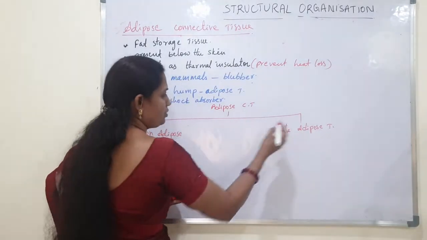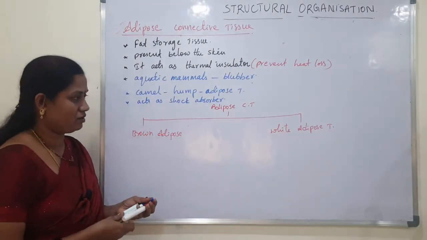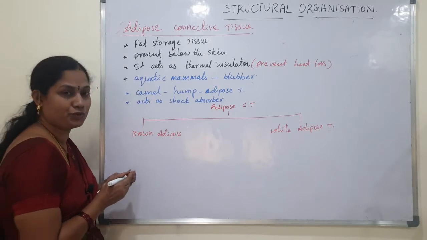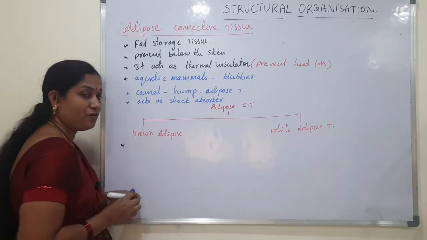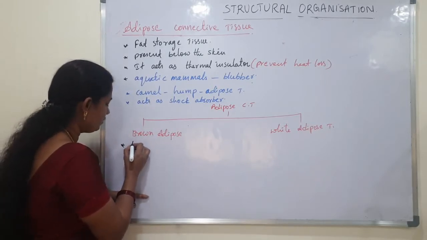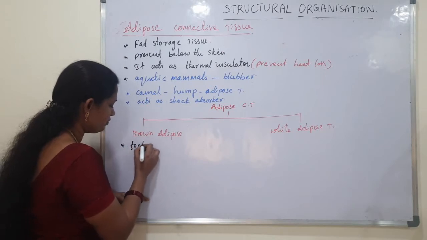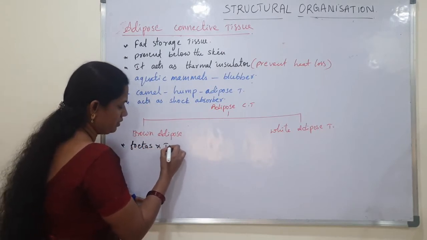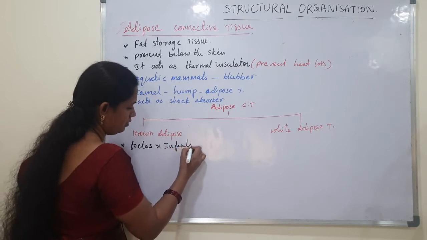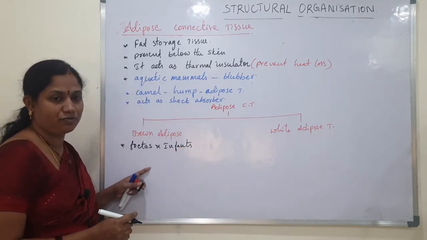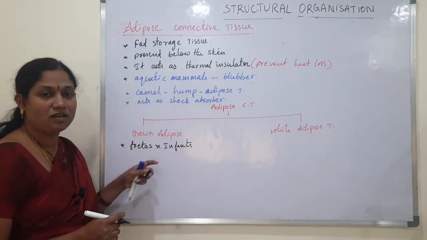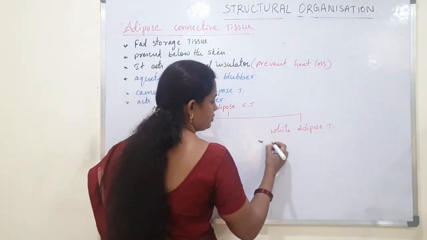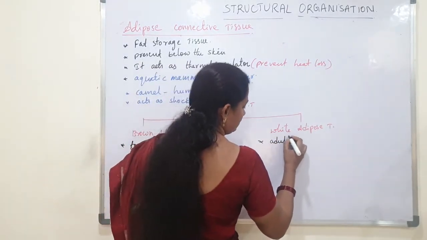Brown adipose tissue is present in the fetus and infants. The white adipose tissue is present in the adult.